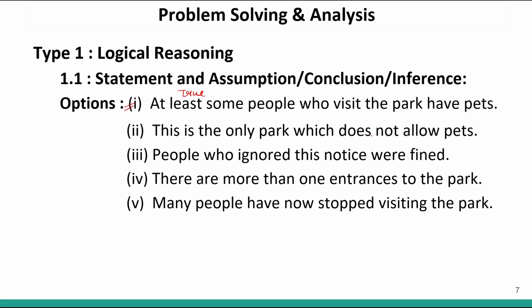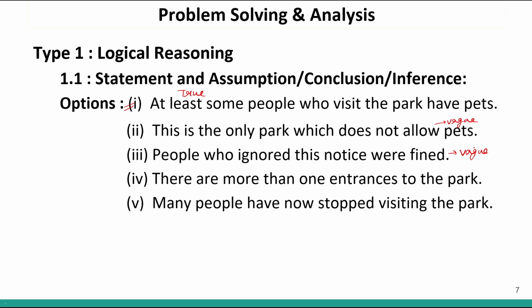Now, this is the only park which does not allow pets. Again, a vague statement. We cannot know whether this statement is true or false because nothing like this is mentioned in the statement. People who ignore this notice will be fined. Now, we don't know this for sure because nothing of the sort is mentioned in the statement.